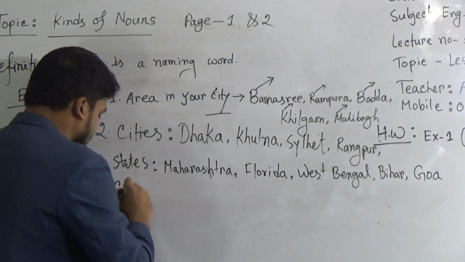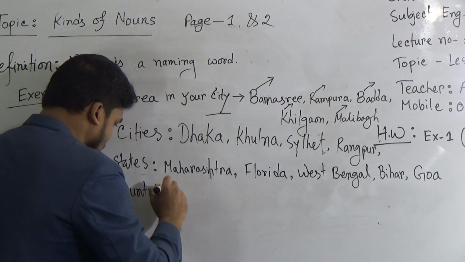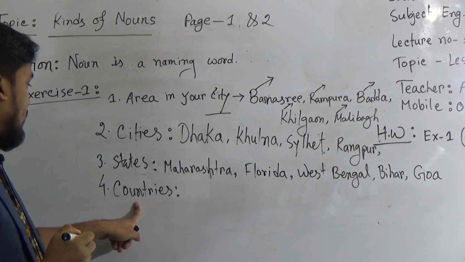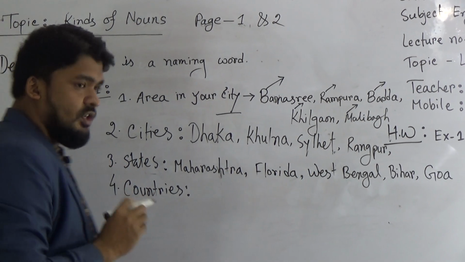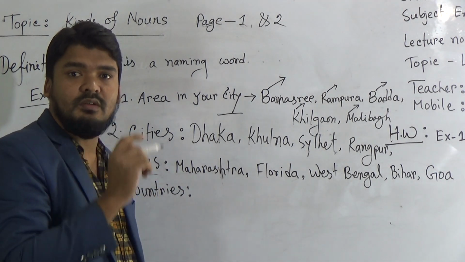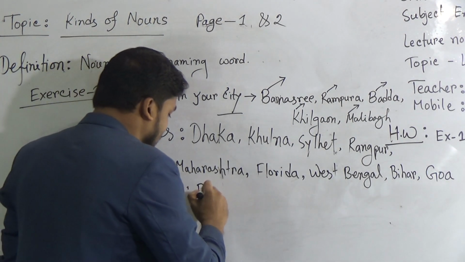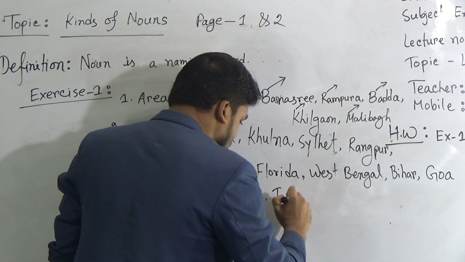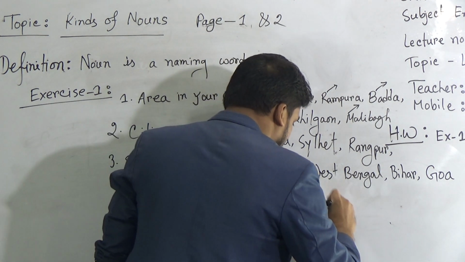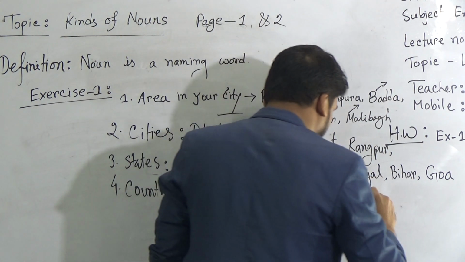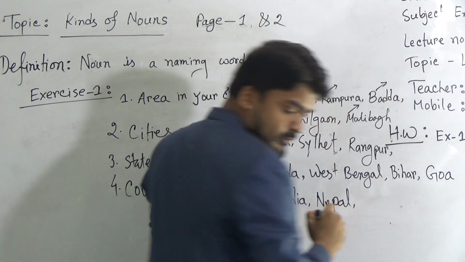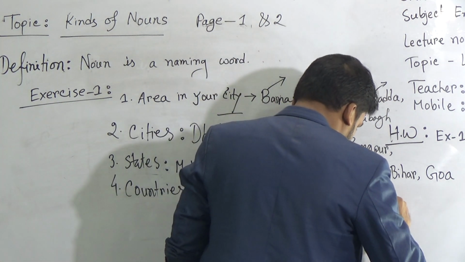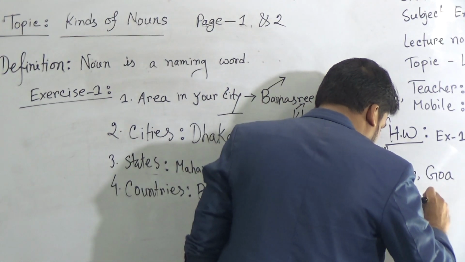And number 4, countries. Dear students, countries, this is a common noun, and from countries you have to write 5 names of countries that will be proper nouns, like Bangladesh, India, Nepal, China, and Japan.